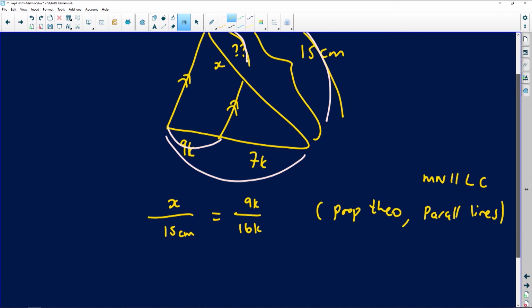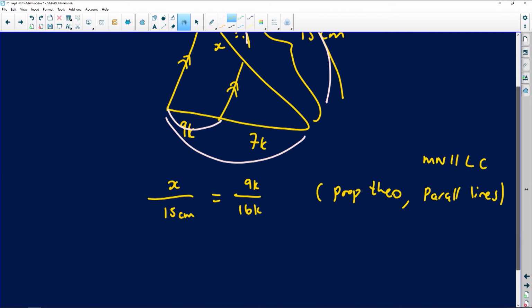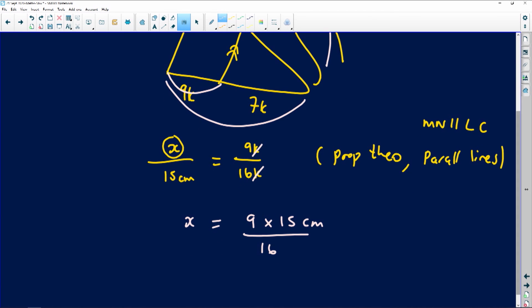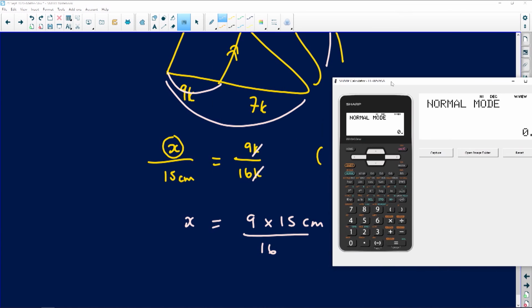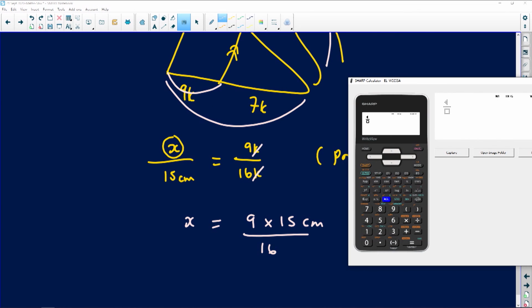Okay, cool. So now we want to find what the value of this is going to be. Simple cross multiplication, and the K's cancel out. You cross multiply, you end up with X is 9 multiplied by 15 centimeters divided by 16, which you can then call your calculator to figure out, because the calculator is an instrument. Use it.